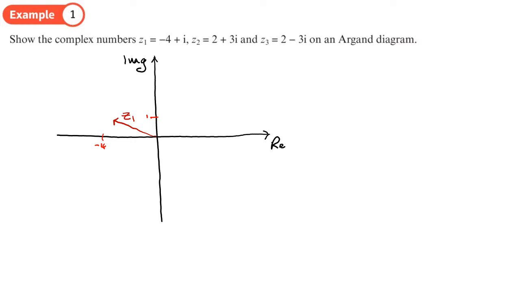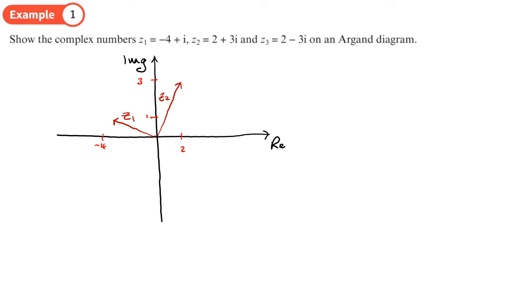Z2 is 2 plus 3i. So 2 across, 3 up. As I said, this is not to scale. It's going to be an arrow, something like this. So this is Z2. And the last one is 2 minus 3i.